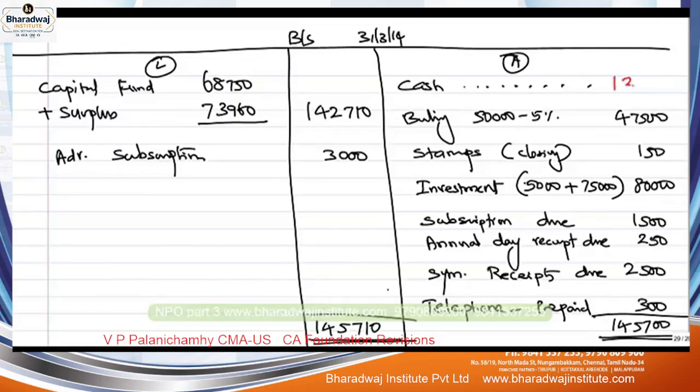So change the cash balance to 13,510. Now 13,510 will tally. 145,710. Plus 27. Minus 2,500 plus 2,500.